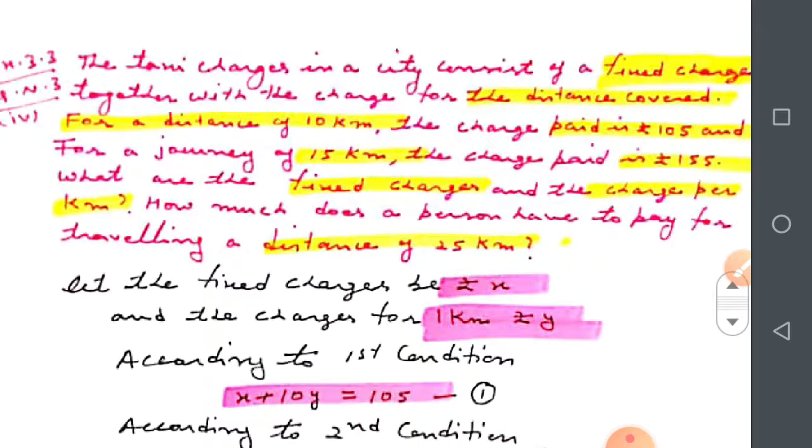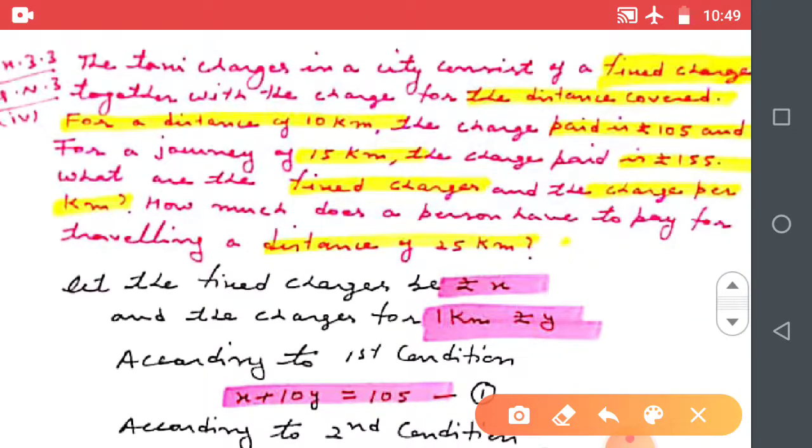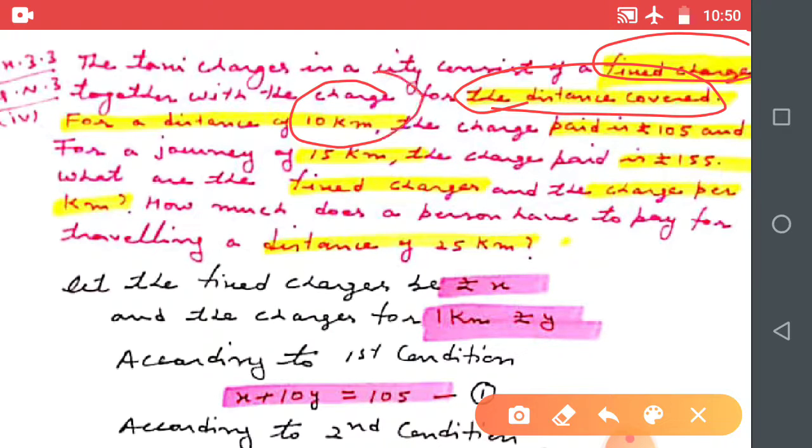The fourth part is: the taxi charges in a city consist of a fixed charge together with the charge for the distance covered. For a distance of 10 kilometers, the amount paid is 105 rupees, and for a distance of 15 kilometers, the amount paid is 155 rupees.